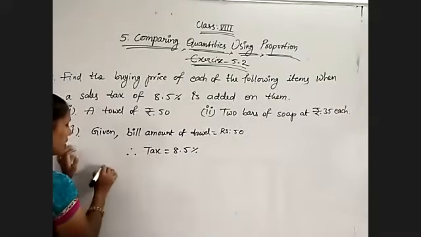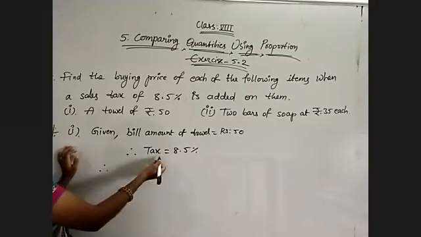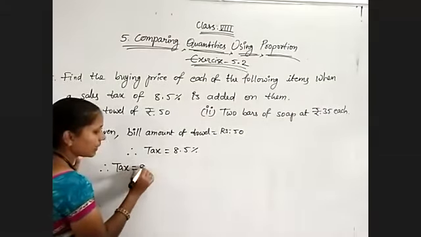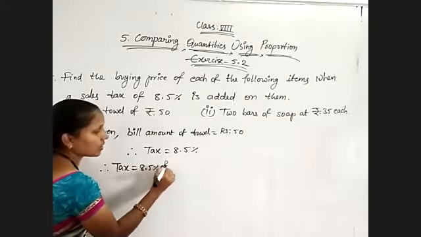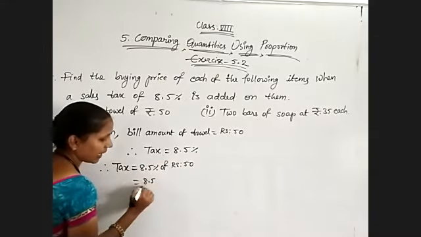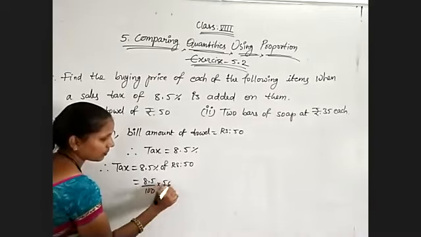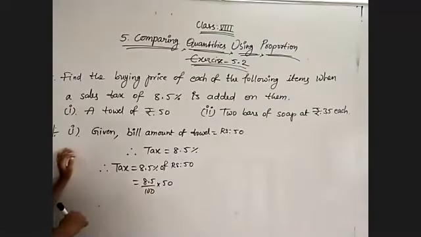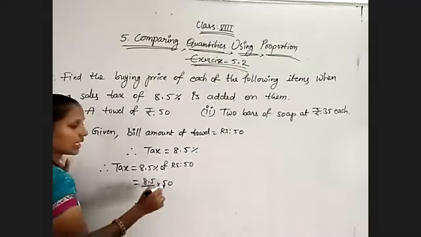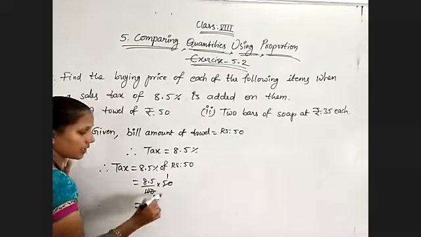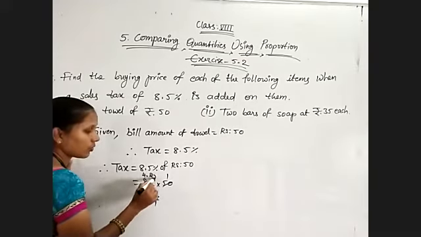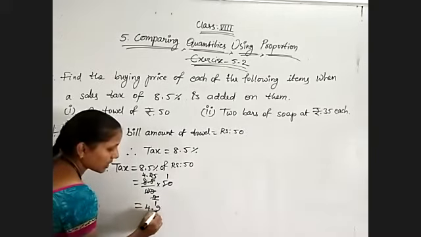Therefore, tax in rupees will be equal to 8.5 percentage of 50 rupees. That is 8.5 by 100 into 50. So 0, this point will get cancelled. 85 5s are. Otherwise, you can go through with cancellation also. 50 ones are, 50 twos are, 2 ones are, 2 fours are 8, 2 twos are 4, 10 2 5s are. 4.25 rupees is tax.